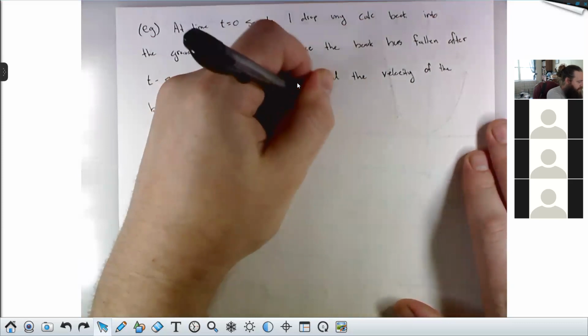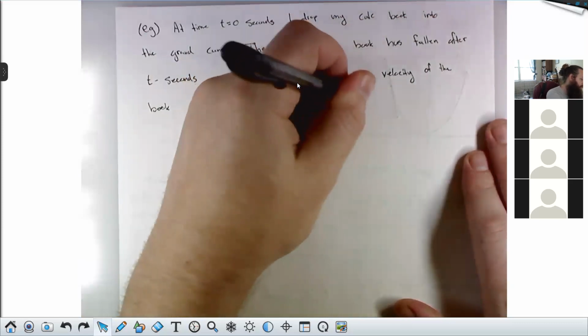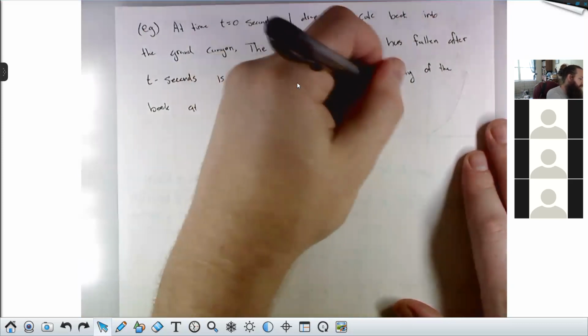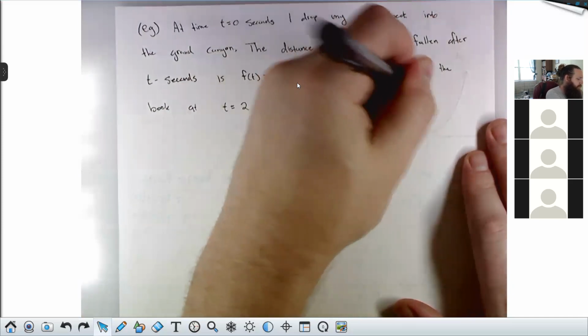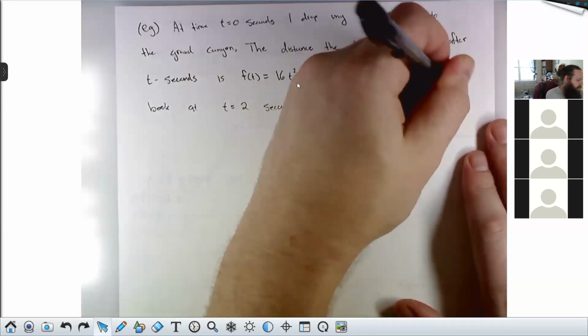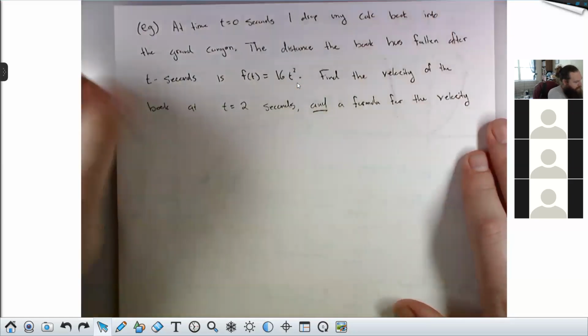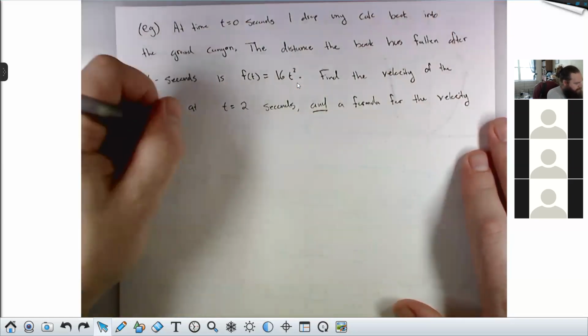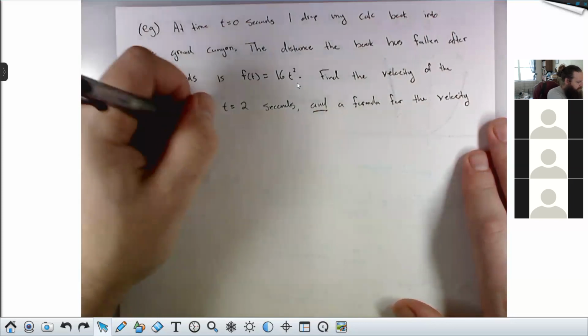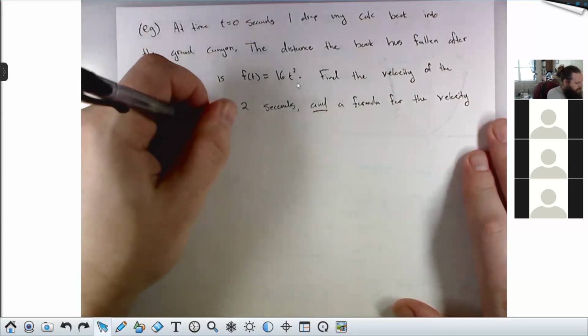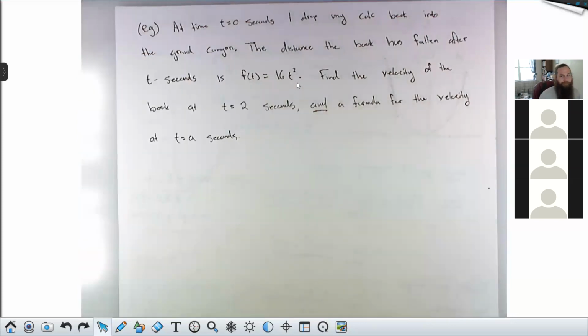And a formula for the velocity at an arbitrary time, say t equals a seconds. Okay. So first, is it clear what we're trying to do and what we have to work with?